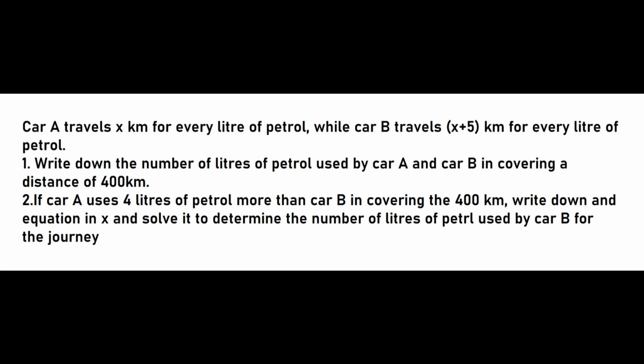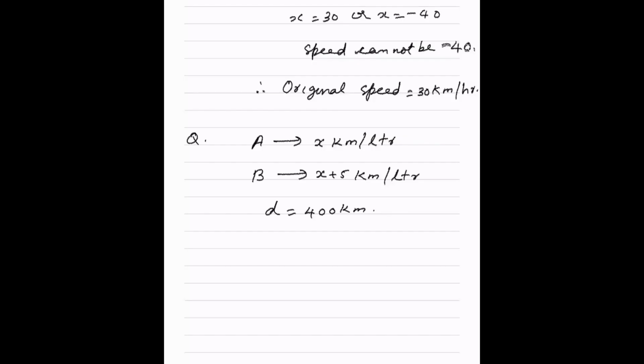What do you think? Which car will use more petrol, A or B? B is able to cover more distance with 1 liter of petrol. Say A is traveling 12 kilometers with 1 liter of petrol, and B is traveling 17 kilometers with 1 liter of petrol.